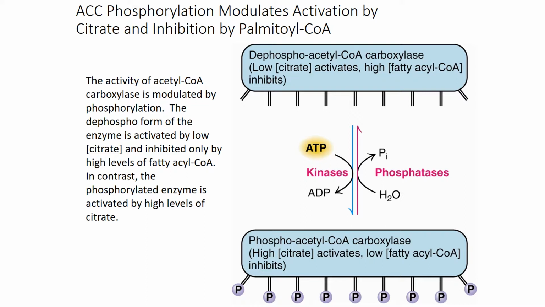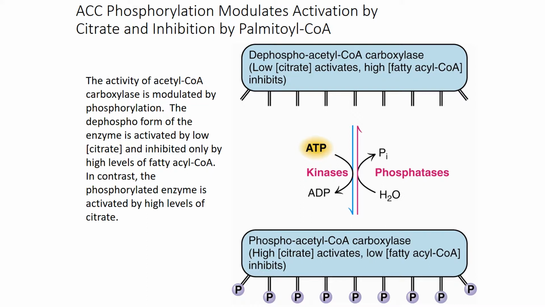So also involved in this process, obviously, is ATP, which is going to provide that phosphate group, and kinases that will transfer that group to our enzyme. And to reverse this process, we need a phosphatase. Phosphatases, if you remember, dephosphorylate.